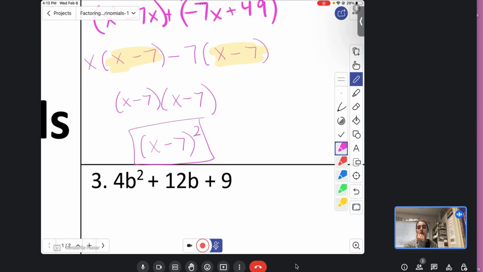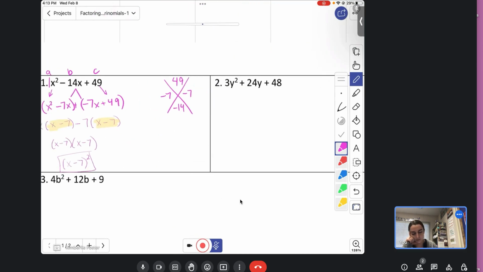All right, so that's just one extra little step for these types of problems, where we take that binomial and then make it squared. Okay, all right, so we can do another problem.